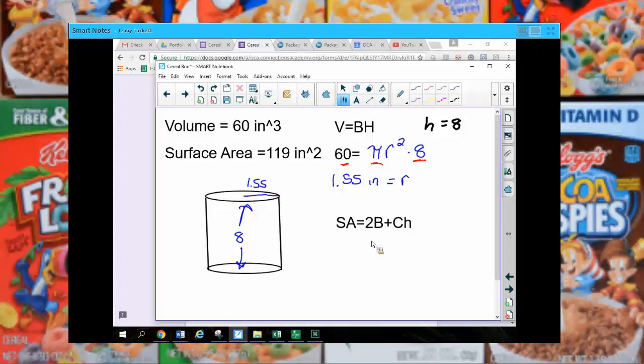So 2, my base is a circle, pi r squared, plus the circumference, 2 pi r times the height.